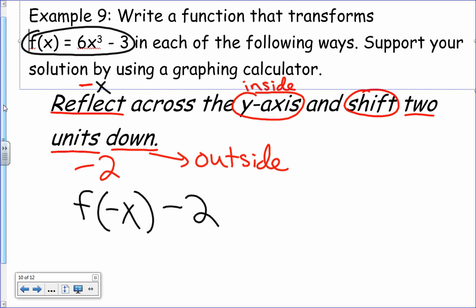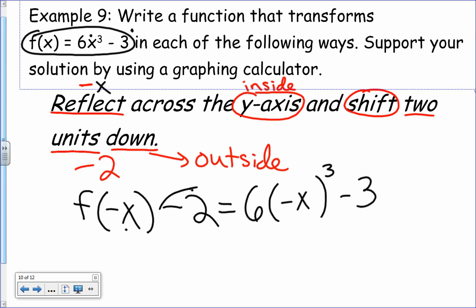This tells me, hey, where you see x up here, plug in a -x. And at the very end, behind that -3, subtract 2 more. So let's put that in there. I got 6. Instead of x cubed, I'm going to plug in -x and cube it. Put my -3 there. And I also want to subtract this 2 from the end.